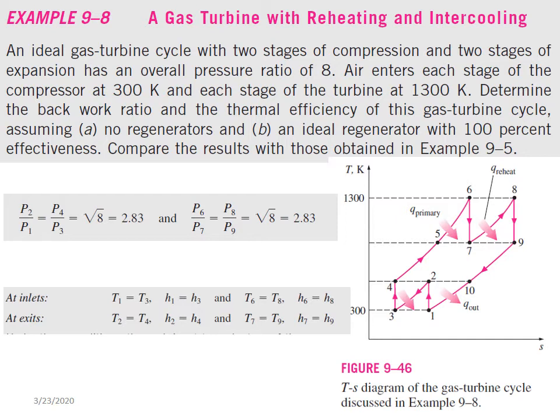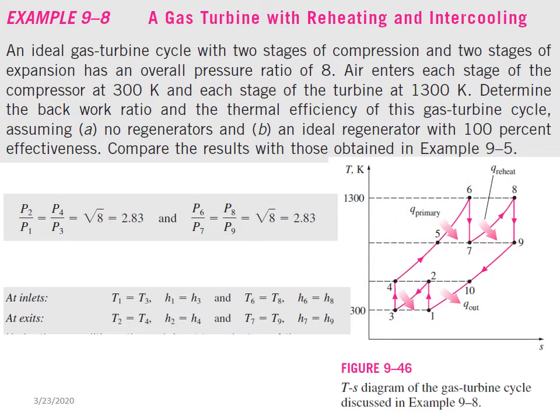For exit points, temperature at point number 2 will be equal to temperature at point number 4, and enthalpy at point number 2 will be equal to enthalpy at point number 4.